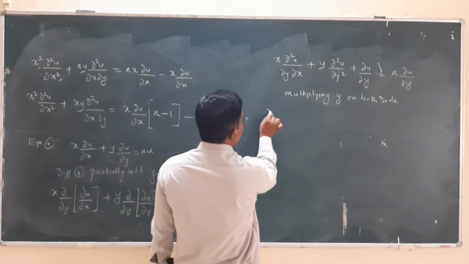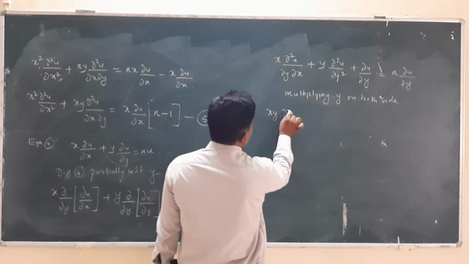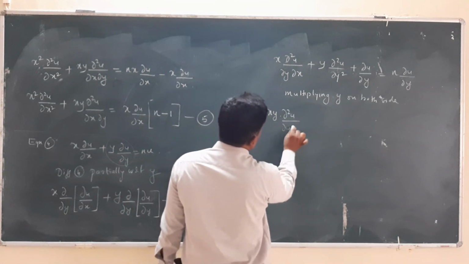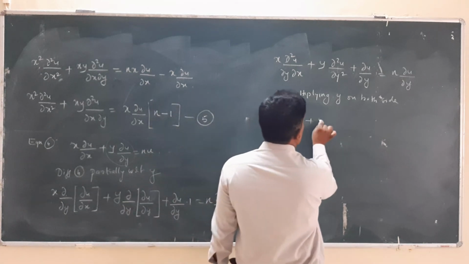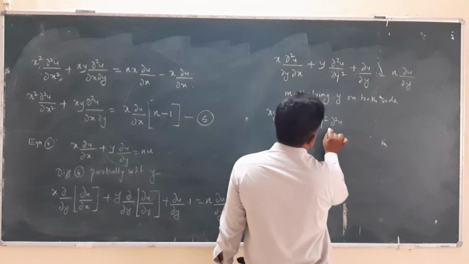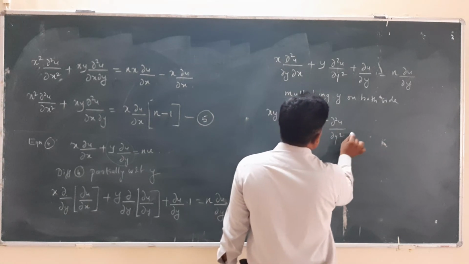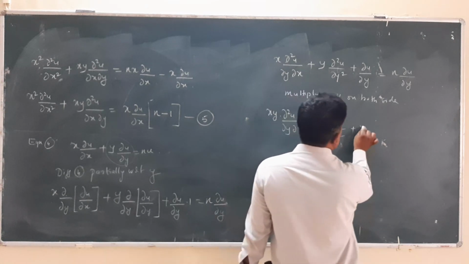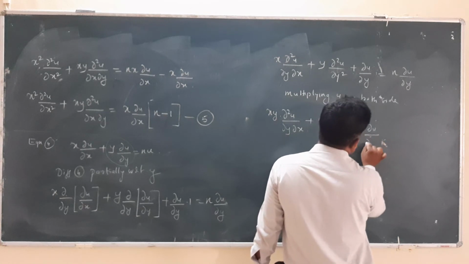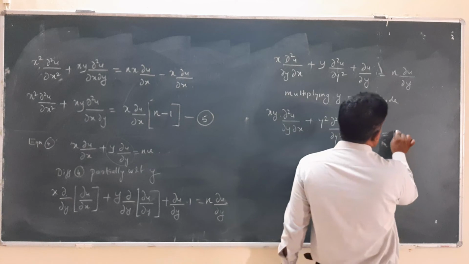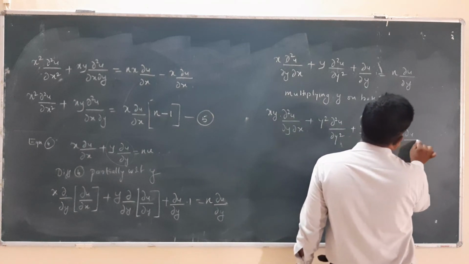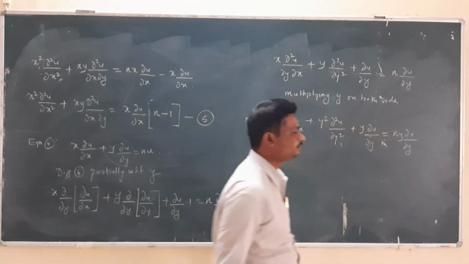So I will get here x into y dou square u upon dou y into dou x plus y square dou square u upon dou y square plus y into dou u upon dou y is equal to n y dou u upon dou y.